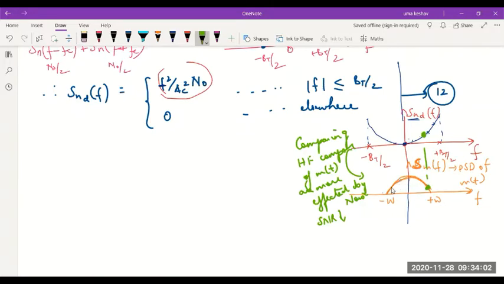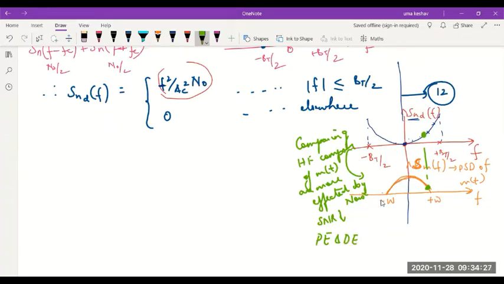High frequency components of the signal will usually have lesser power, whereas high frequency components of noise are having more power because of this effect, right? Due to this, we'll use something known as pre-emphasis and de-emphasis in FM receivers.